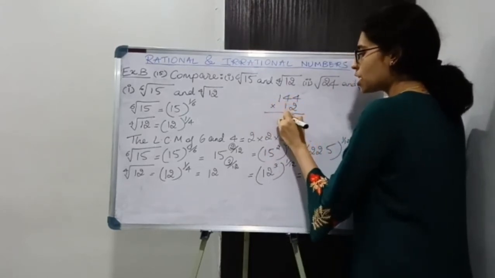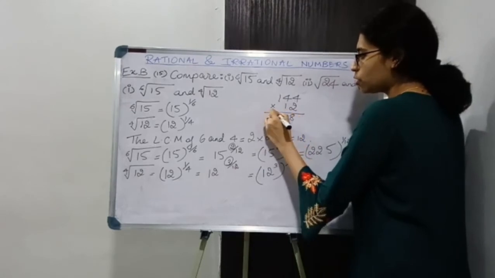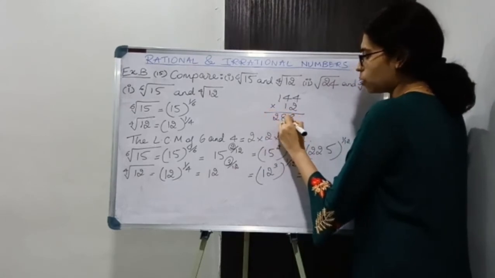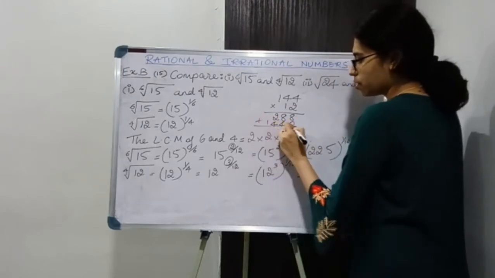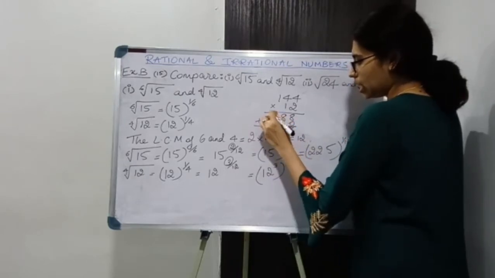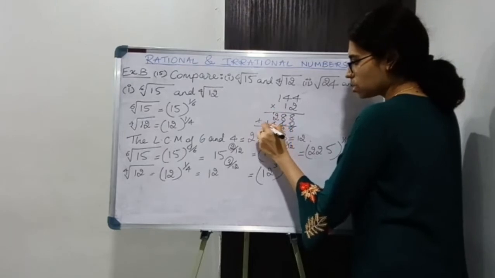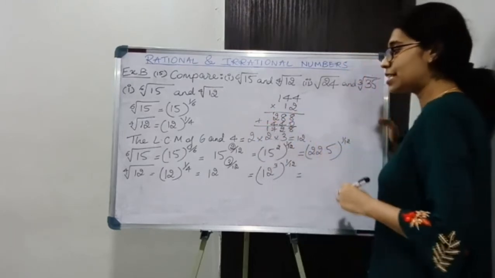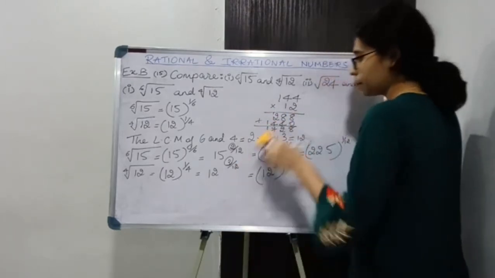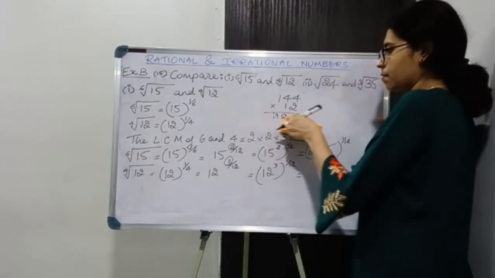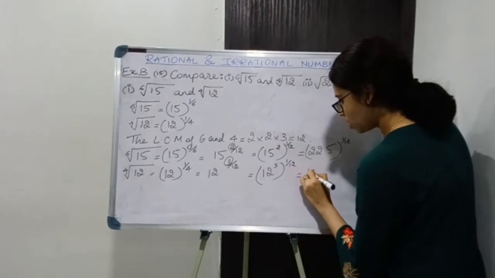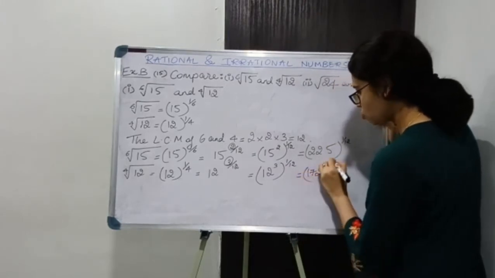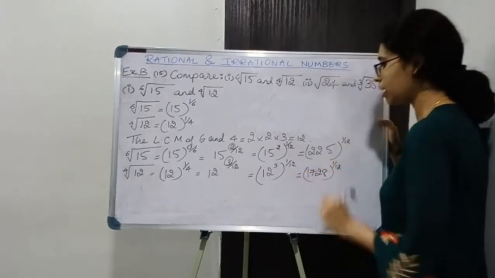So 4 2s are 8, 4 2s are 8, 1 2s are 2, and over here I'll get 144. So I'll be getting 1728. So it is 1728 raised to 1 by 12.